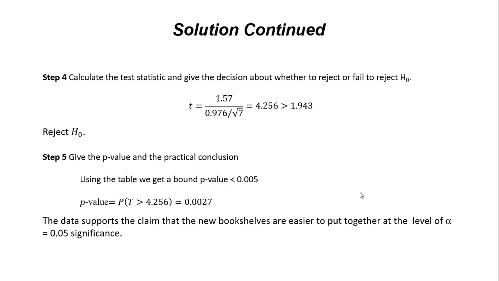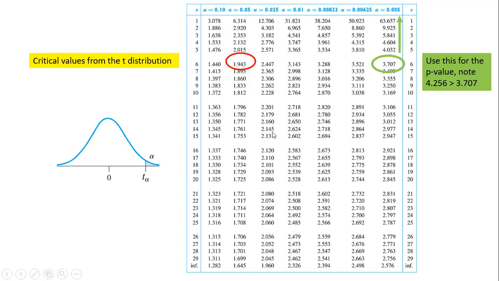Now, the p-value, if we try to use the table, we need to keep in mind 4.256, degrees of freedom 6. So now we go over here. This is the row. We're looking for 4.256. We notice this number, 4.256, is even greater than this number, so it puts us somewhere over here.